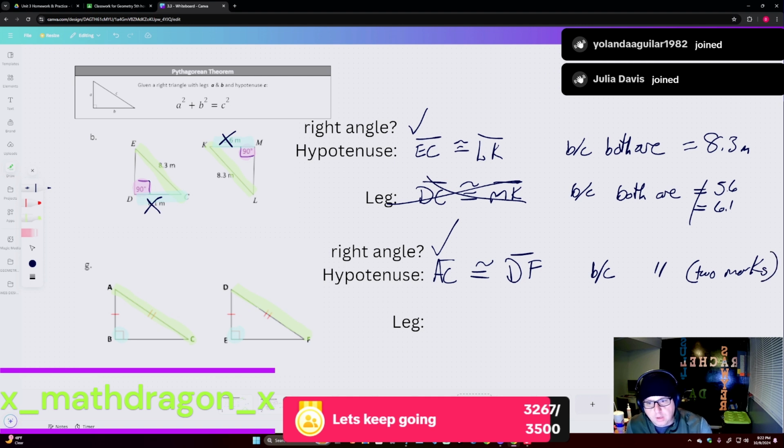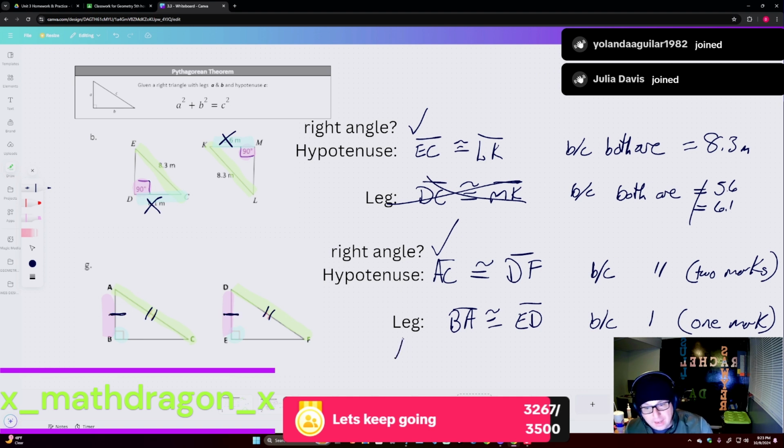Two marks. We could call it given, but let's start to actually be a little decisive with our thoughts and say exactly what it is. So B to A is congruent to E to D because of the one mark. Because this one mark and that one mark.